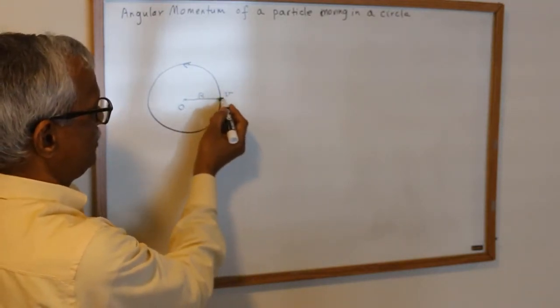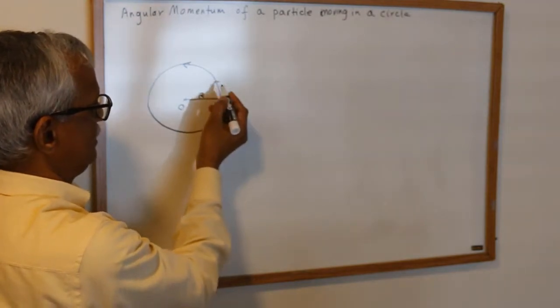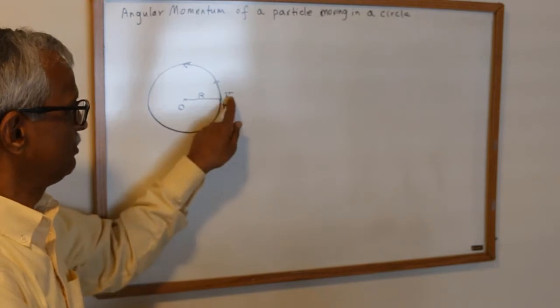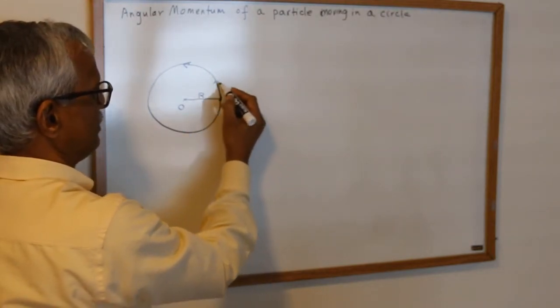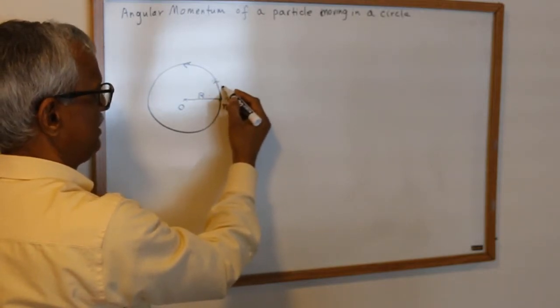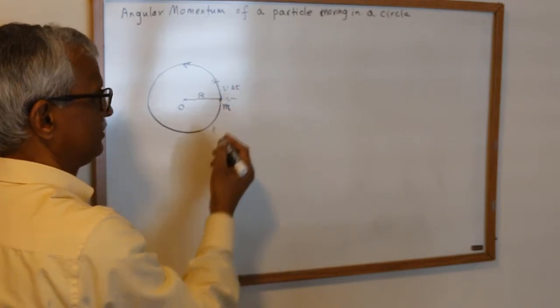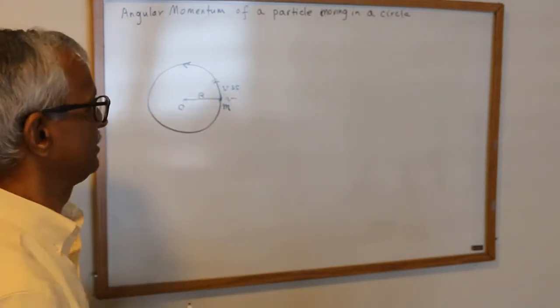You also know that in a certain amount of time, the particle is going to cover a certain distance depending on v. Assuming v is the same, over here it's going to go this much distance, v delta t. So if I look at a small interval of time, it's going to cover that much distance.